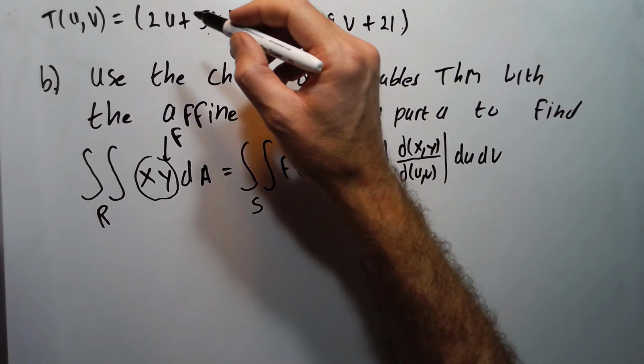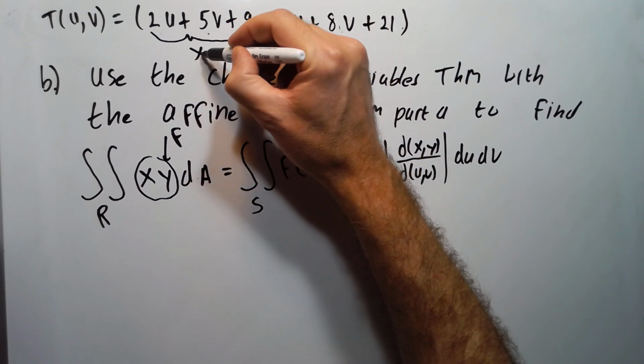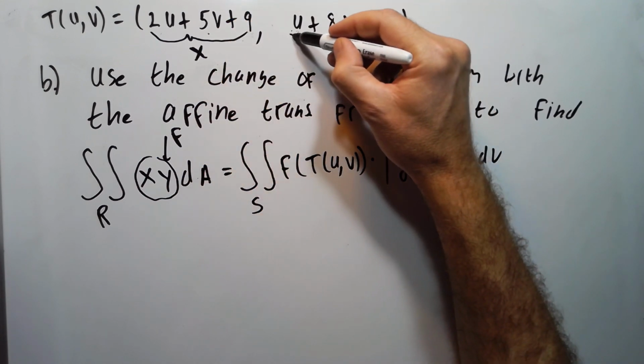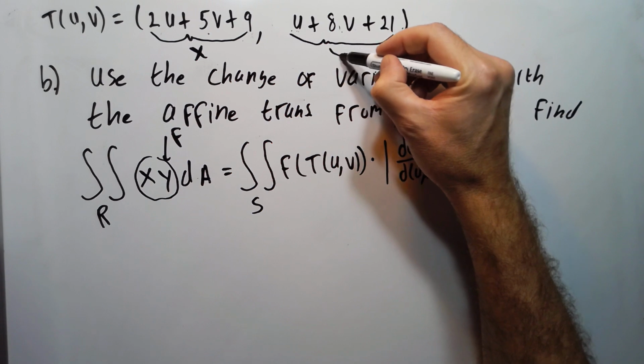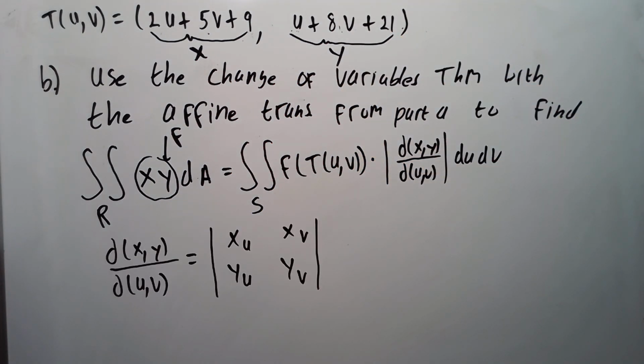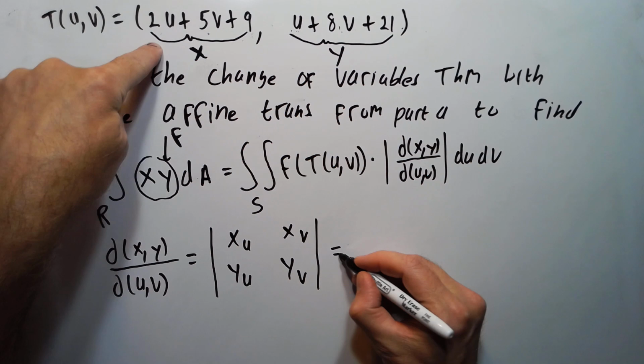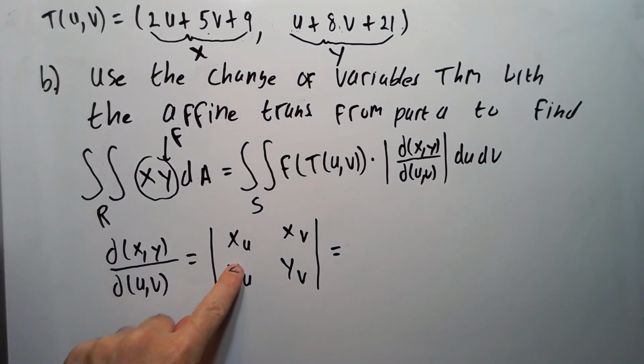To find the Jacobian, this right here would be your x. This right here would be your y. So I've written my definition of the Jacobian here. Again, this is my x up here, so it'll be the derivative of x with respect to u.